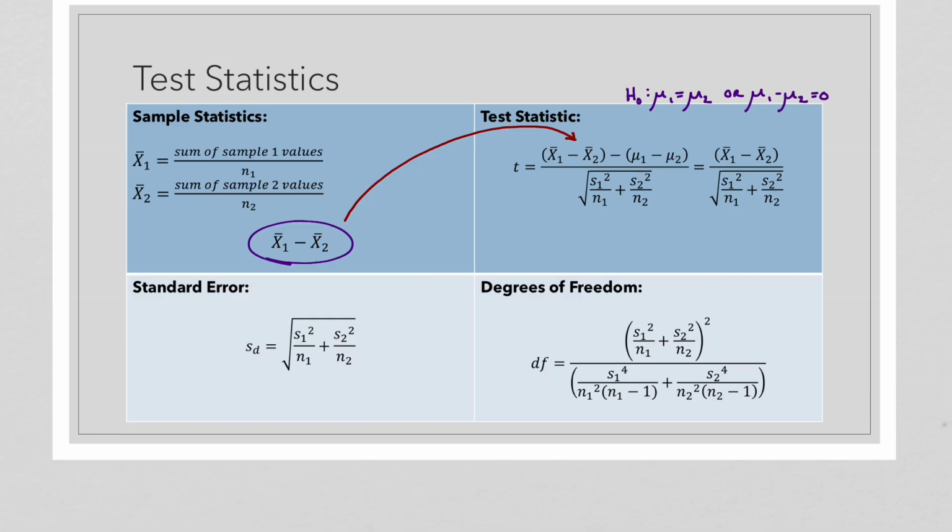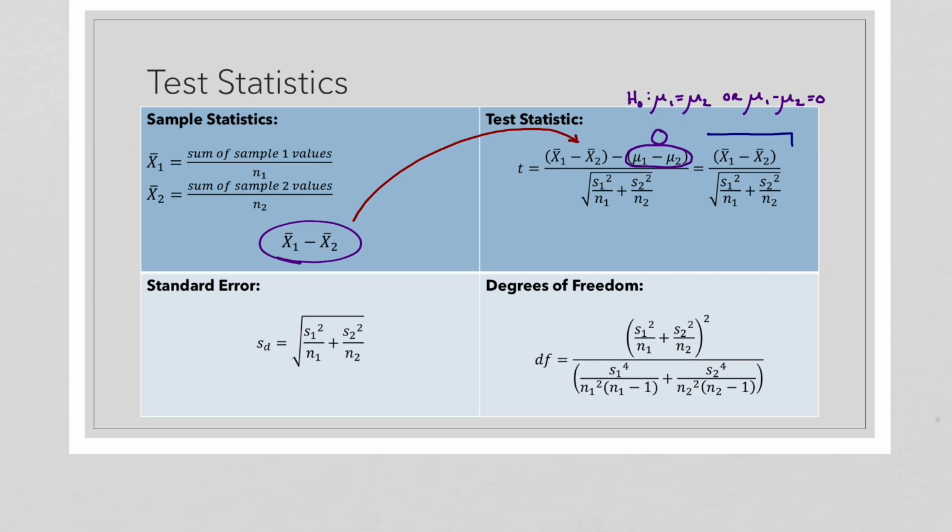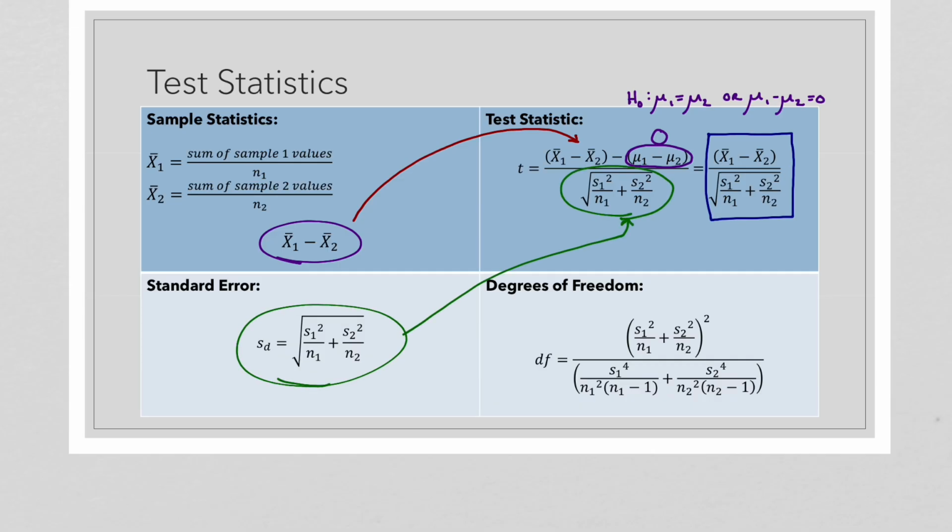So what I'm noting here is that this subtraction of your population means is actually equal to 0. And this is why we've rewritten it over here on the far right so that it's just been eliminated, because if we're subtracting 0, I'm just going to condense this down. And then likewise, our standard error fits into the denominator of that test statistic.